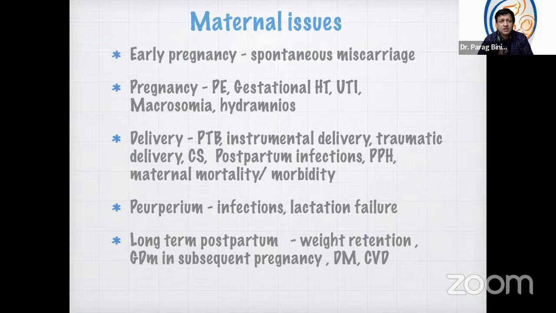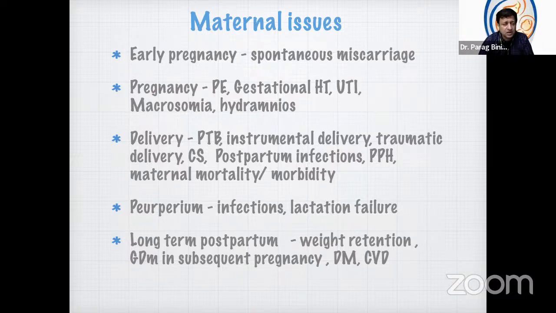Why we are concerned about gestational diabetes mellitus or hyperglycemia in general is because of its impact during pregnancy. Women who have hyperglycemia are more prone in early pregnancy to spontaneous miscarriages. Later on in the pregnancy, they do develop preeclampsia and gestational hypertension. UTI or urinary tract infection is so common in these women. And of course, they tend to have macrosomic babies and more chances of hydramnios.